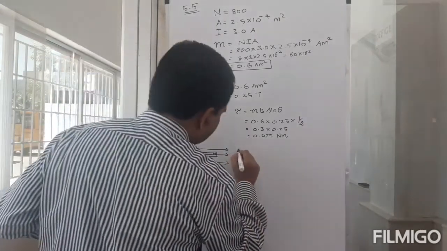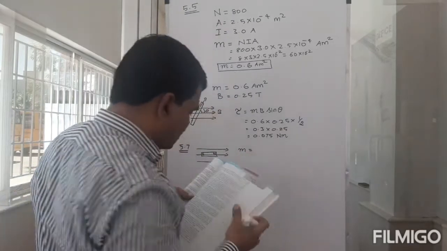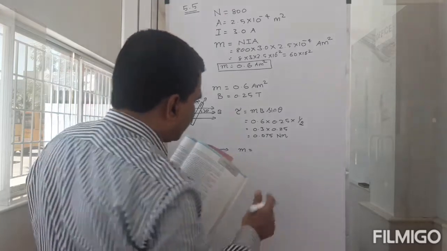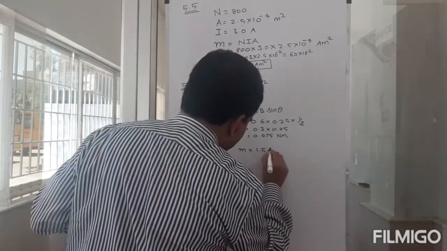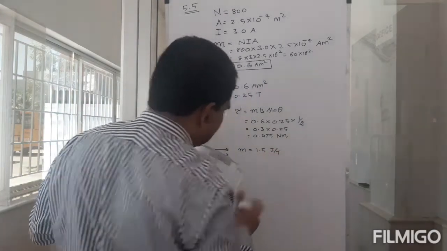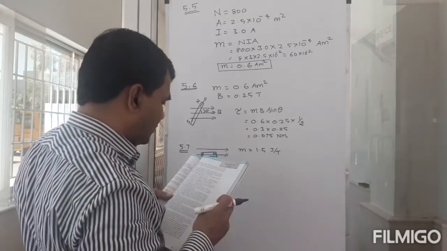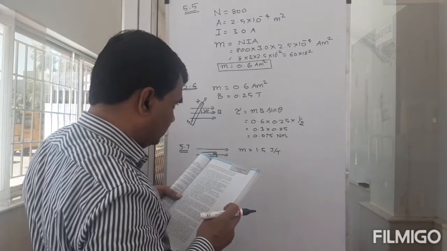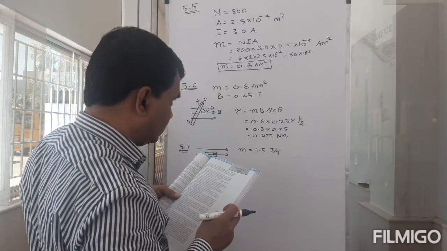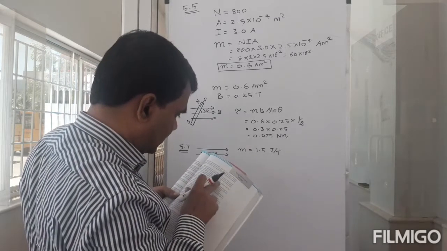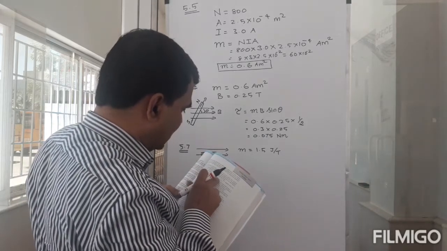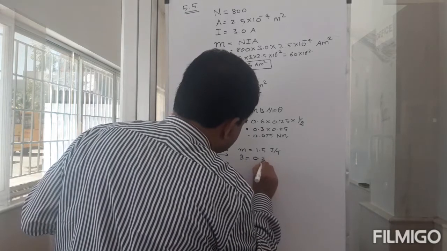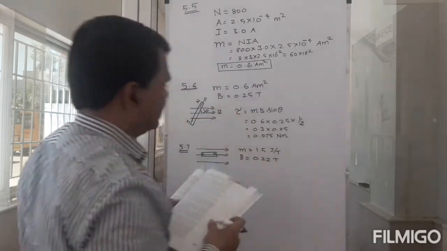So M is given to be 1.5 joules per Tesla, ampere meter squared, and let's say B is 0.22 Tesla.